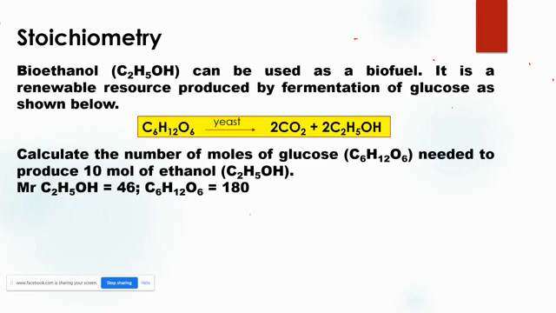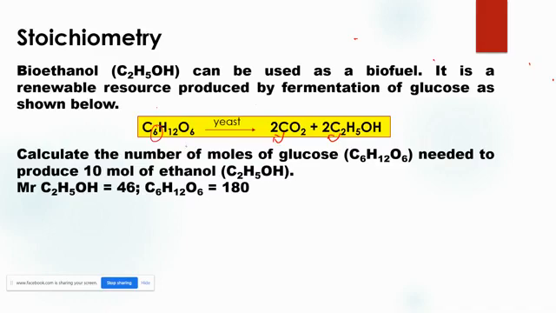Okay, let's check first. The number of carbon atoms on the left side is 6. Let's check the number of carbon atoms on the right side. 2 plus 4, 6 also.